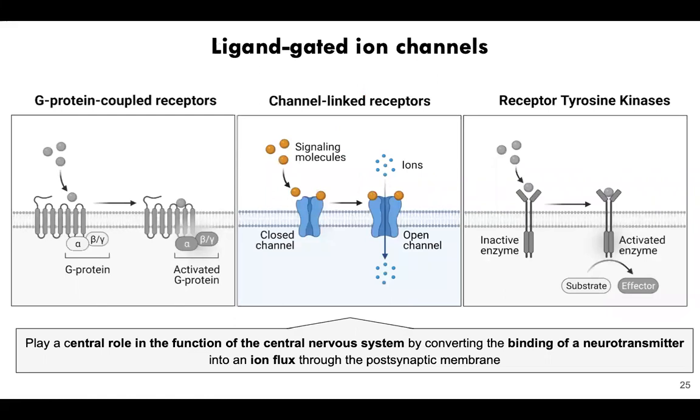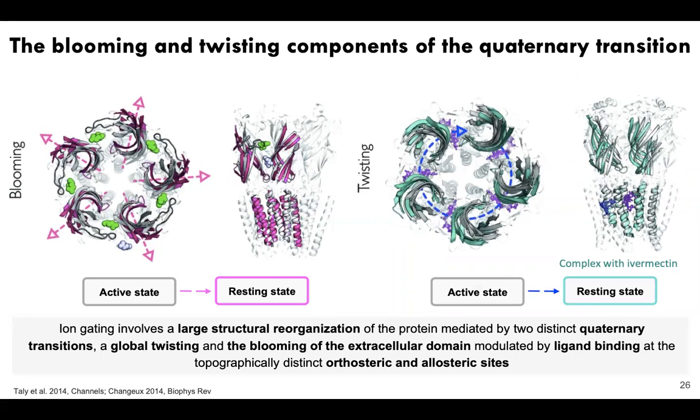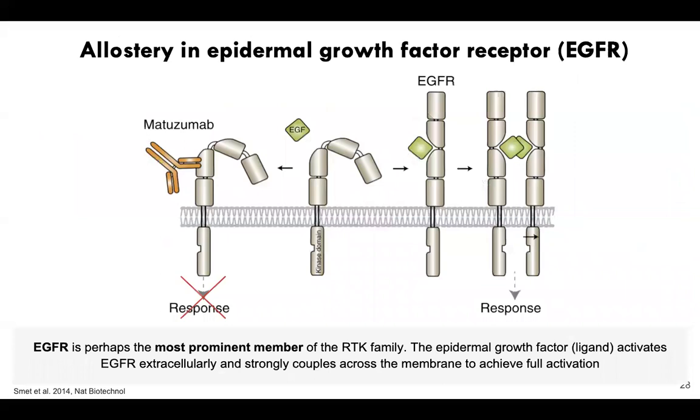The ligand-gated ion channels, of course, I've heard from Jean-Pierre, have a central role in the function of the central nervous system. And we've heard about the blooming and twisting, and how with specific modulators, here agonists, you could stabilize the resting state. And here in complex with ivermectin, again, you can stabilize the resting state. We've heard about receptor tyrosine kinases that are an integral part of signaling because they function as receptors to growth factors, cytokines, and related hormones.